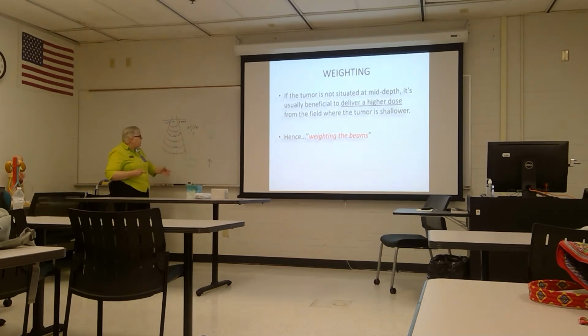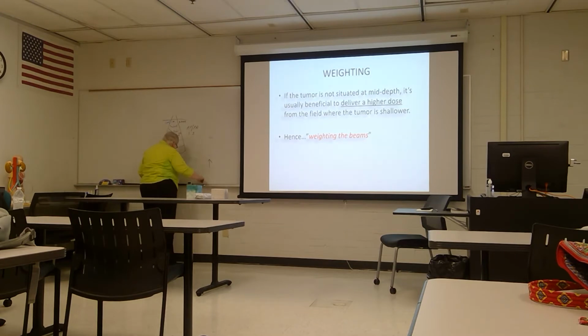So it's easier to see in an AP/PA, but you can do it for 4 fields. So if I said that, okay, I want 3 fields, I want 4 fields. One goes here, one goes here. So if I say that this one is 30%, this one is 50%, and this one is 20%, both of these are 20%.